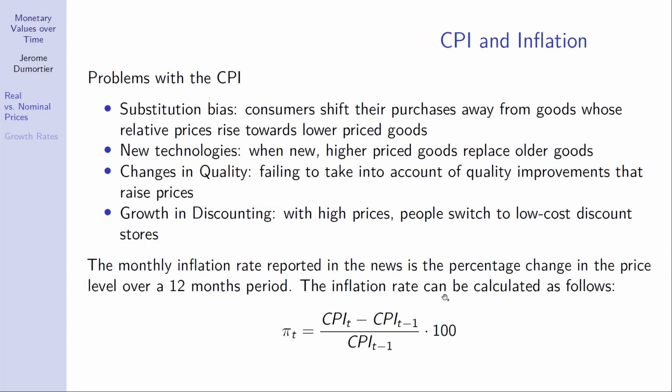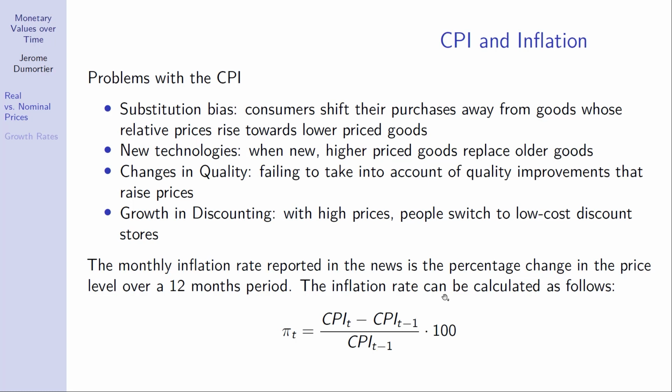Now, of course, there are problems associated with the consumer price index, because I mentioned before that you're purchasing the same market basket over time for many years. And of course, the goods in the market basket may change.